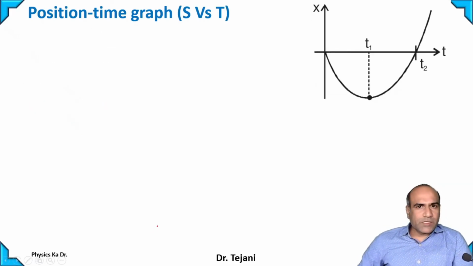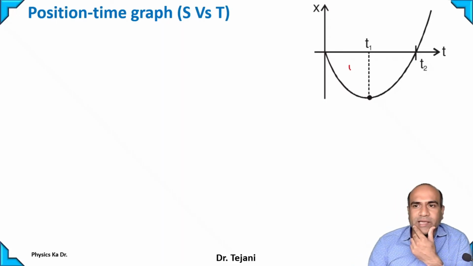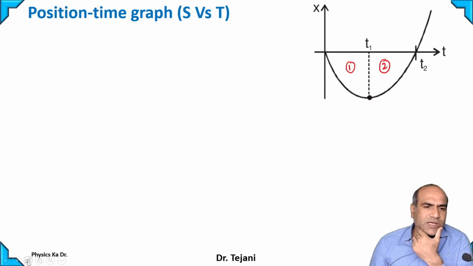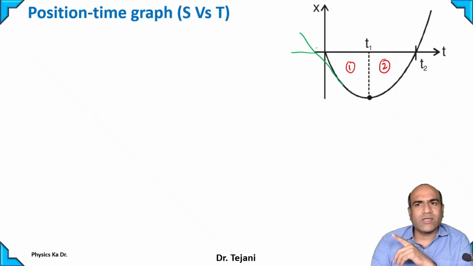Oh, one more opposite graph. So let's divide. This is segment number one, and this is segment number two. What is our first task? First task is to check the angle. Yes, great answer. You have to go with the horizontal line, and this is the angle theta one.